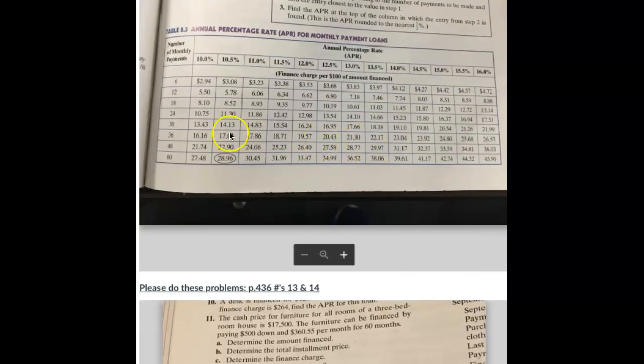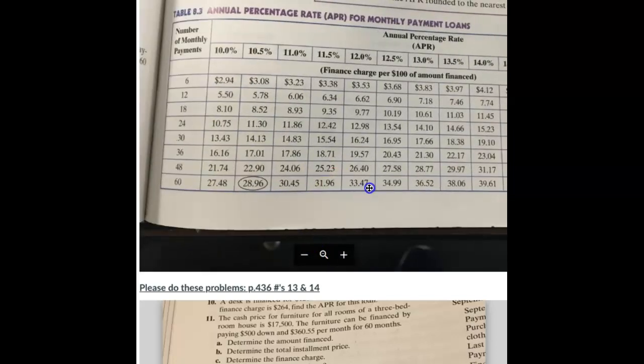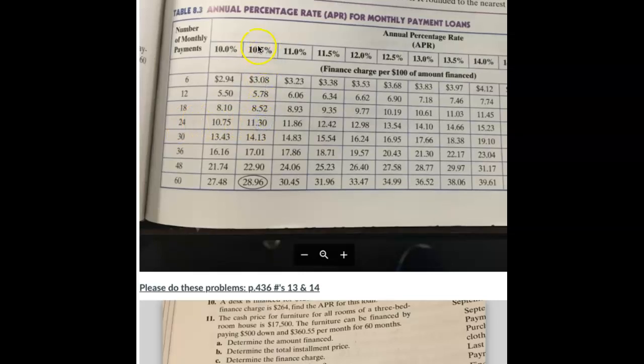Here's the table, and if you go to the remaining number of months, which is 24, and slide over to the rate, which I believe was 10.5%, I forgot, I need to go back and look. If it is right, 24 months at 10.5%, we're looking at 1130.